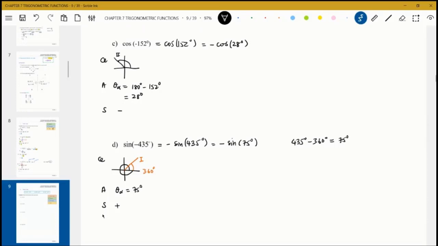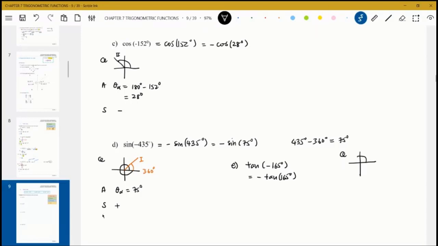Okay, so saya buat lagi satu contoh di mana kita ada perubahan daripada negativity dan juga angle. Let's say saya ada tangent negative 165 degree. Okay, tukar dulu negativity, negative tangent 165. Okay, quadrant kita apa? Quadrant berapa ni?